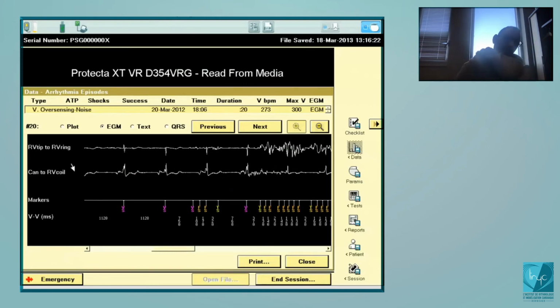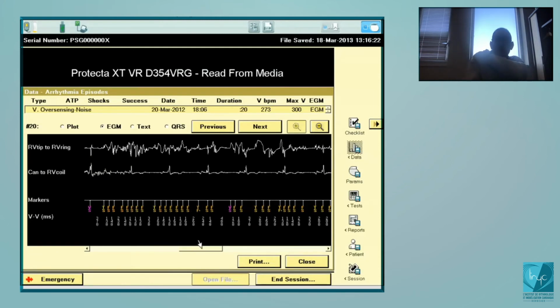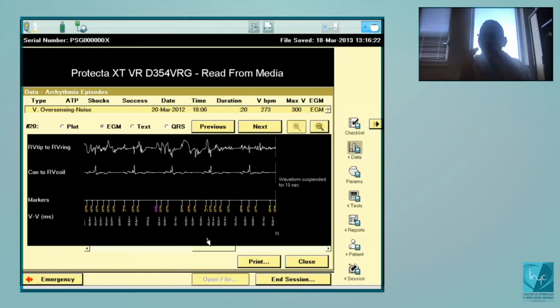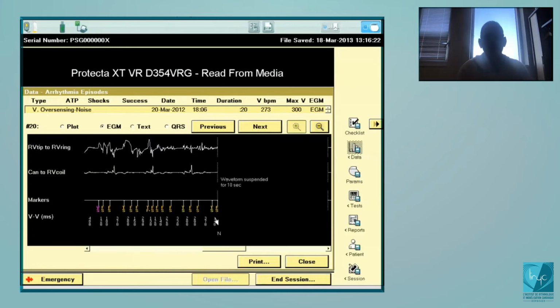In a lot of cases, there is oversensing in one of the channels and not in the other one. So you compare the channels and say, okay, there is noise in the bipolar and there's no noise in the other. It's based on the amplitude of the signals, but whatever. And if there is a dissociation between the two channels, then you arrive at a diagnosis of noise, and then you will inhibit the therapy for these episodes.